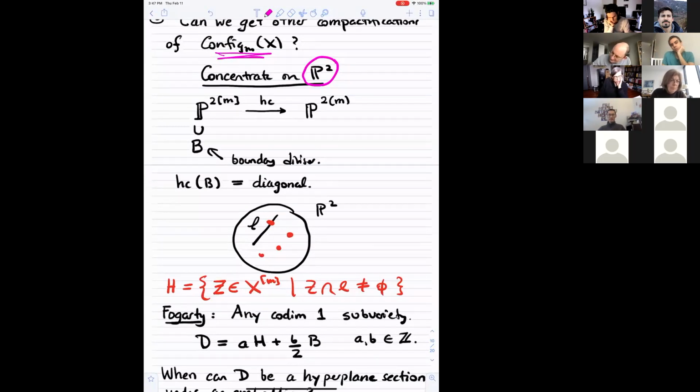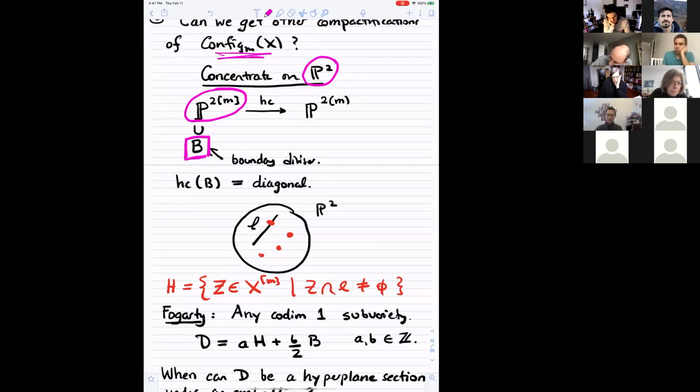There are 2 special divisors on this Hilbert scheme already, 2 very special codimension 1 sets that we've essentially seen. Let me make them more precise. The first is the boundary divisor: the complement of the configuration space, the locus of schemes that are not n distinct points.